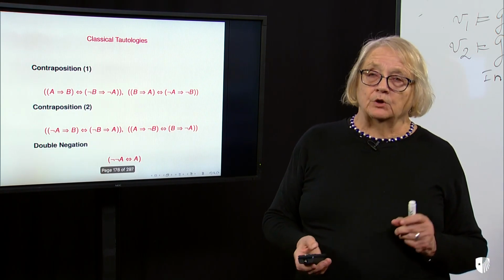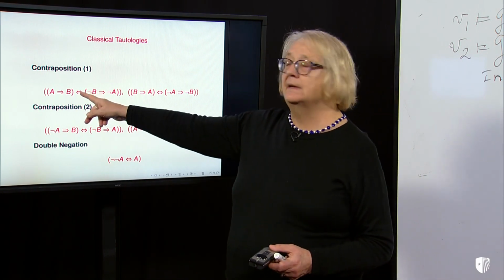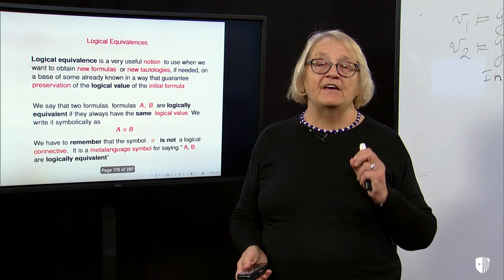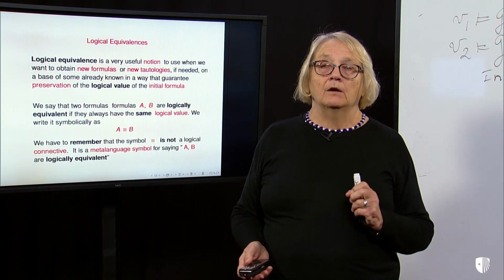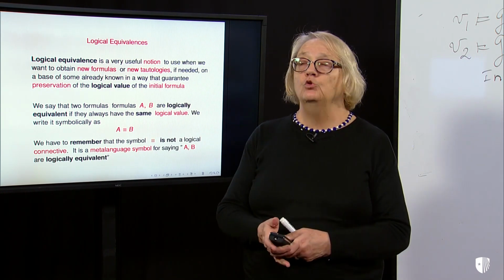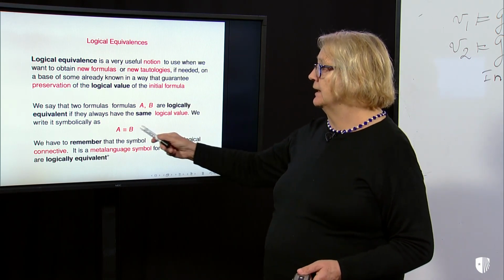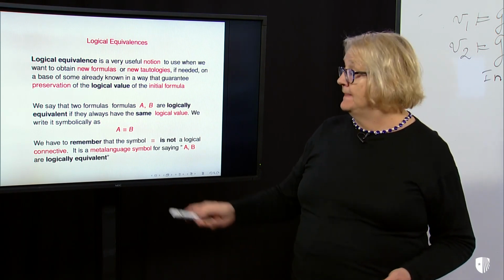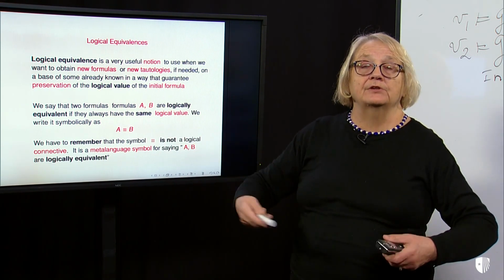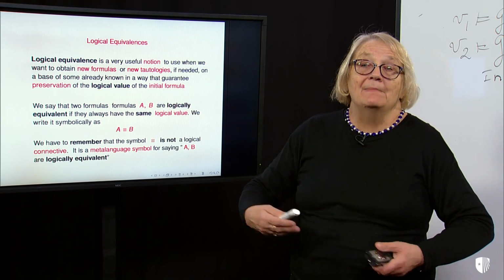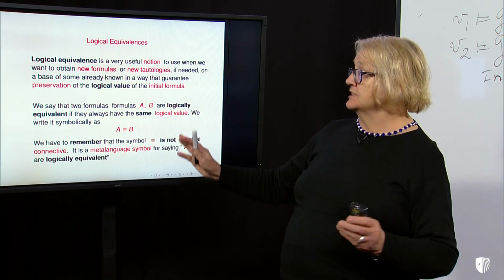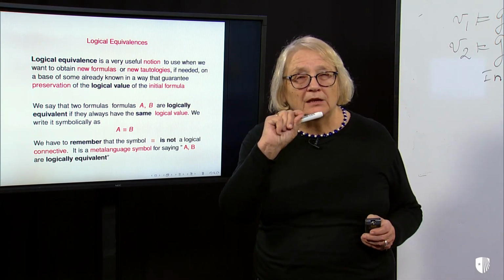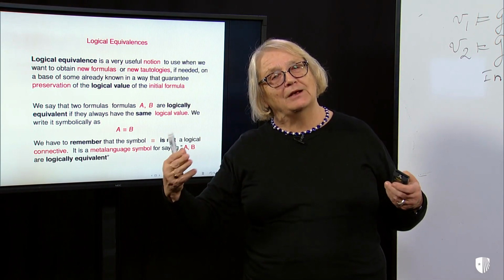When you have tautologies which deal with if and only if, we introduce a very useful notion, that two formulas are logically equivalent, and we write A logically equivalent to B. This is not a symbol, it is not a connective. It is our meta-language symbol which says A is logically equivalent to B. We don't write equals because we talk about logical equivalence.